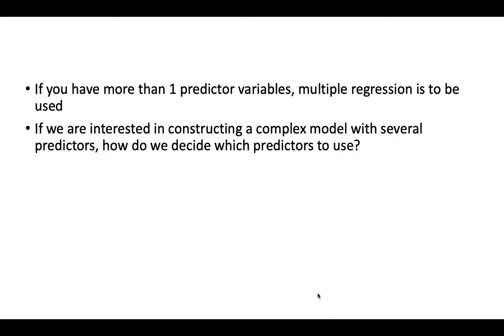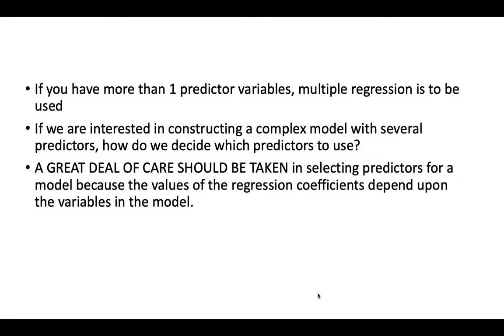I can tell you this is your responsibility. SPSS will do what you tell it to do, but it will not decide instead of you. So a great deal of care should be taken in selecting predictors for a model, because the values of the regression coefficients depend upon the variables in the model.